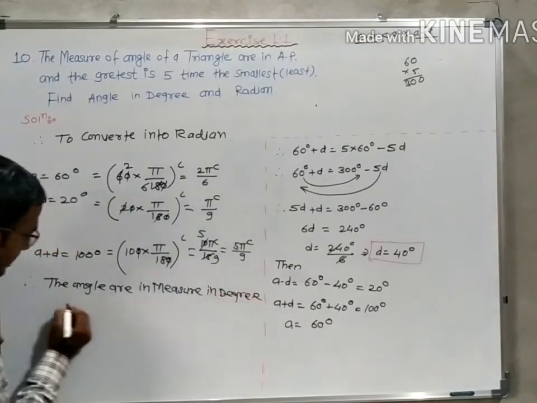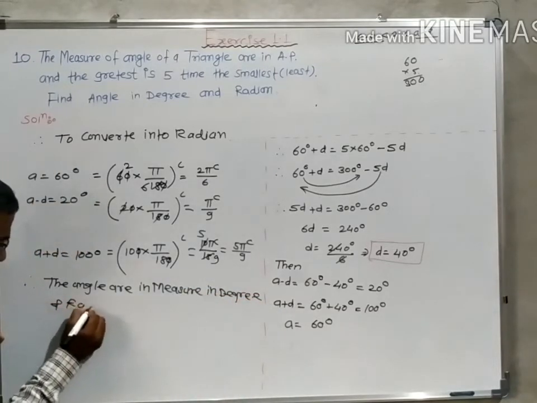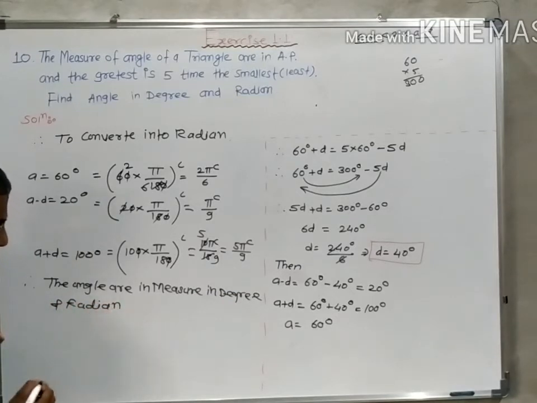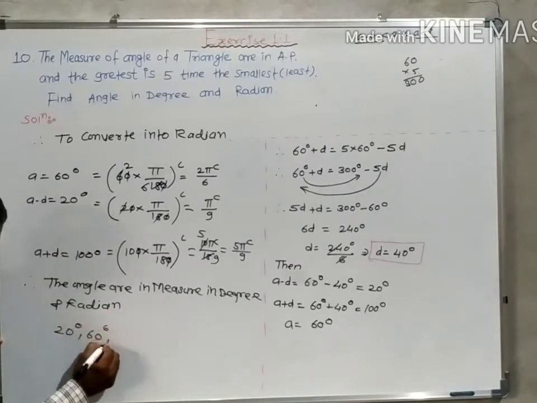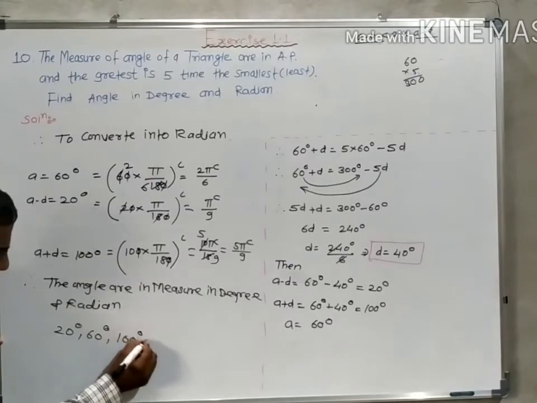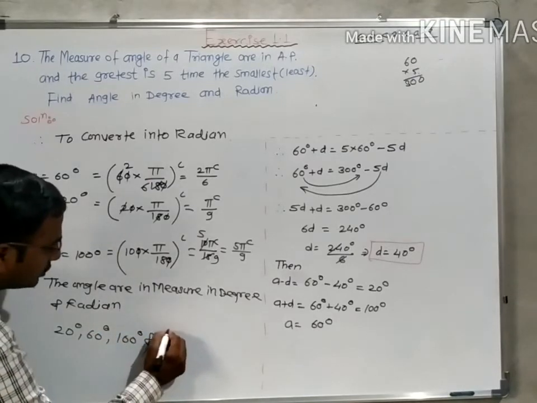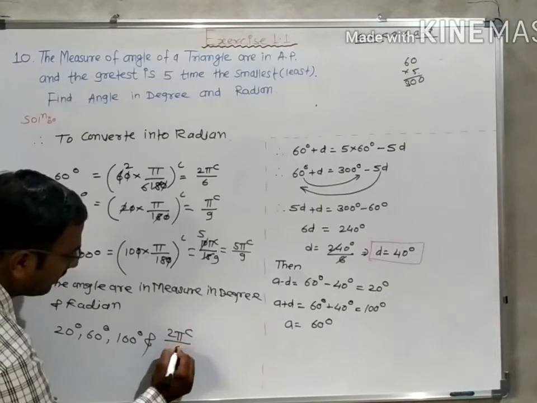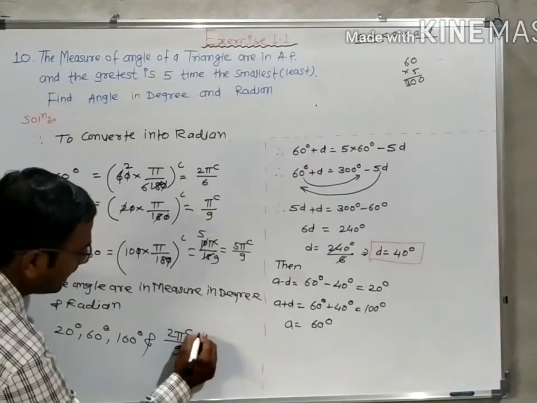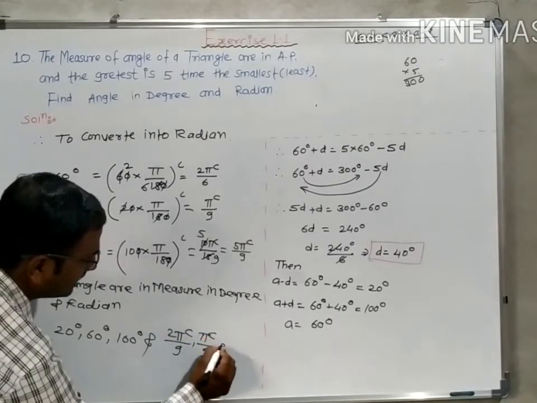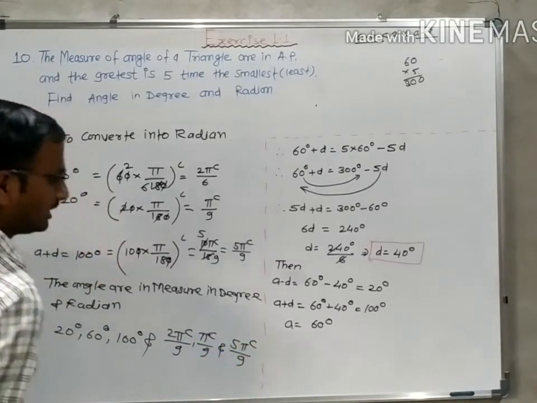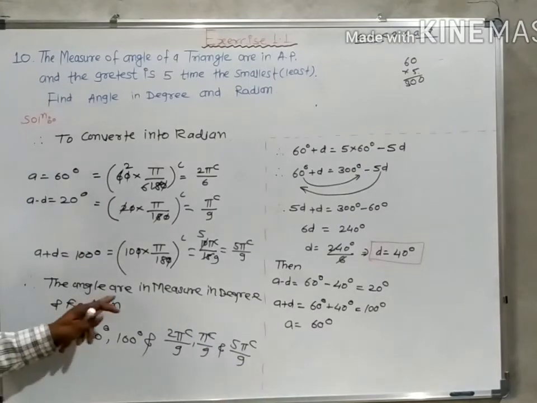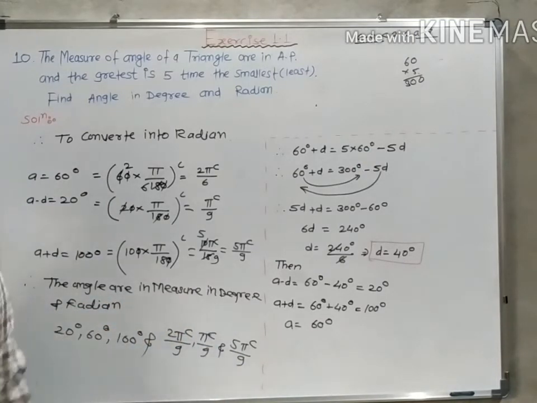In degree they are 20 degree, 60 degree and 100 degree, and converted into radian they are 2 pi radian upon 6, pi radian upon 9, and last is 5 pi radian upon 9. So the angles can be converted between degree and radian.